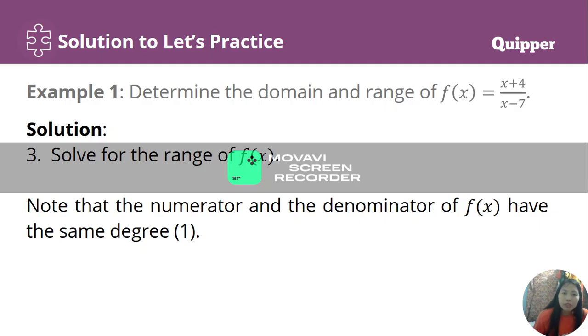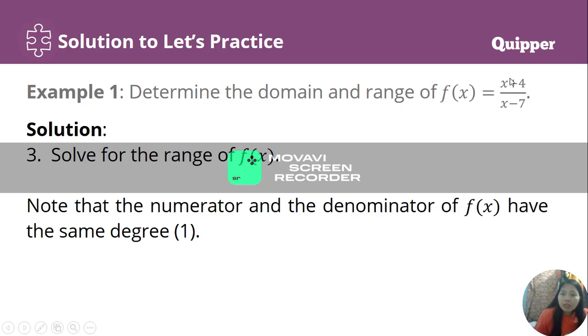If n equals m, we get the leading coefficient of the numerator over the leading coefficient of the denominator. The leading coefficient comes from the leading term, meaning it is the numerical coefficient of the leading term.